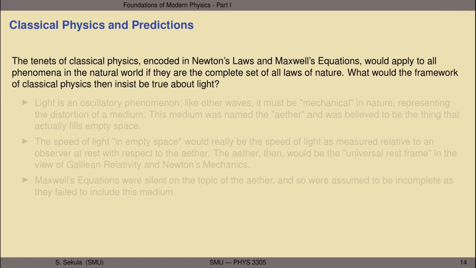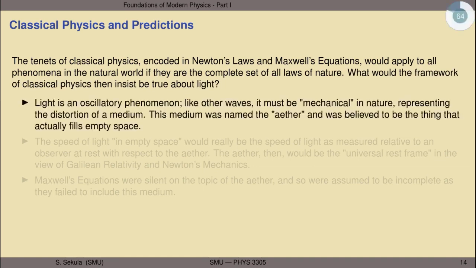What would the framework of classical physics then insist be true about light? Well, from Maxwell's equations, we know that light is some kind of oscillatory phenomenon, like a wave. And so our experience with waves in the 1800s was that they must be mechanical in nature. They must represent the distortion of a medium. So they gave it a name.